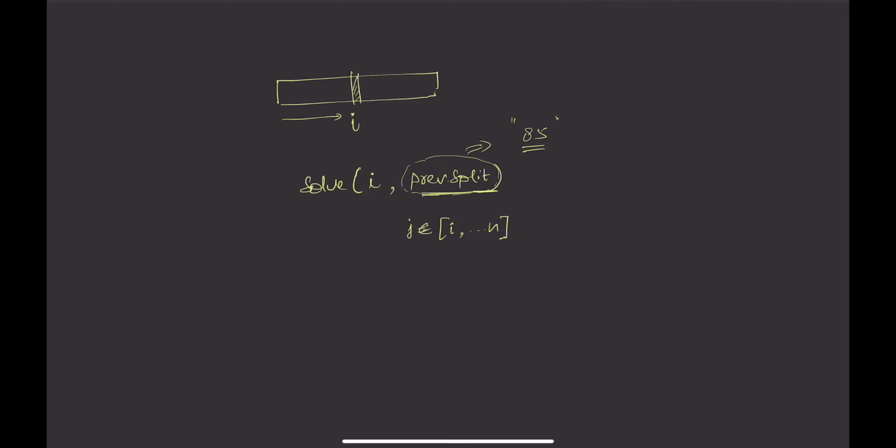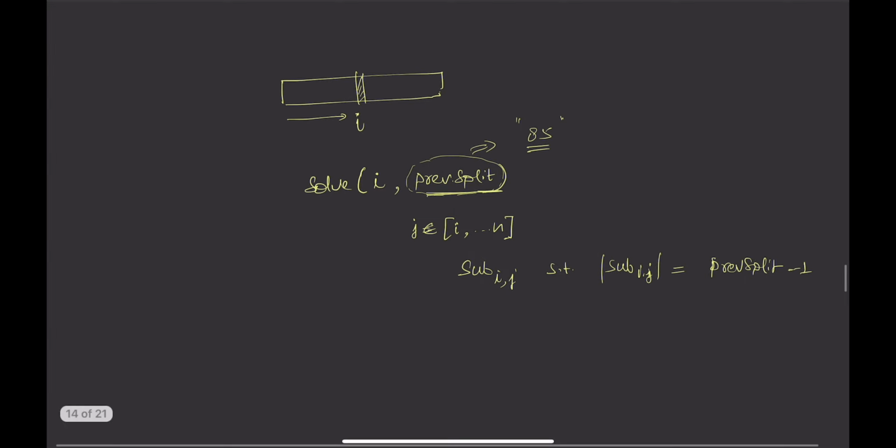The new split is the substring from i to j, such that this substring i to j is equal to the previous split minus 1, right?